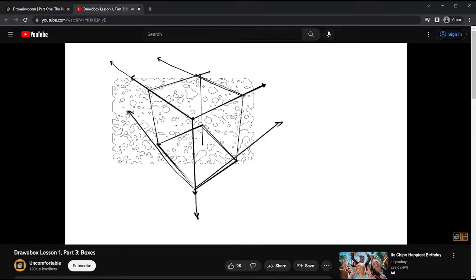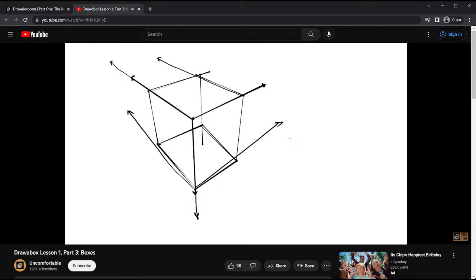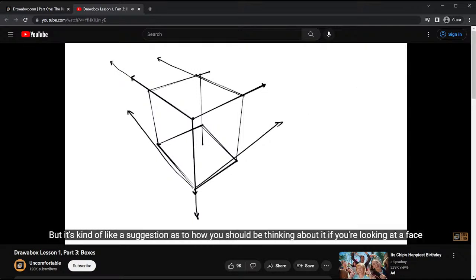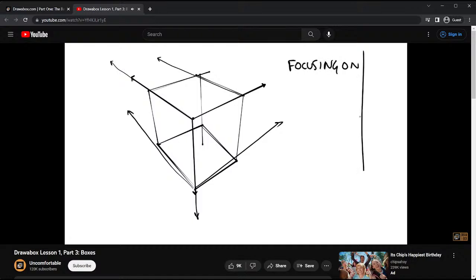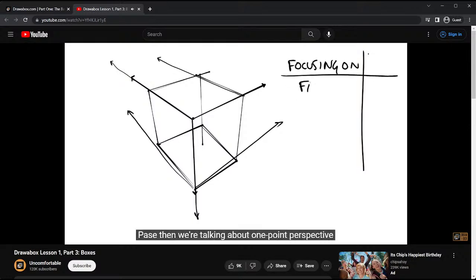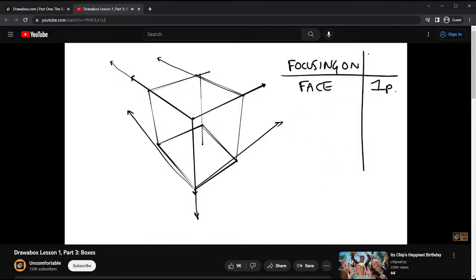So those are the simplest terms that you can put it in. It's not a strong rule, but it's kind of like a suggestion as to how you should be thinking about it. If you're looking at a face, or rather focusing in on the face, then we're talking about 1 point perspective.